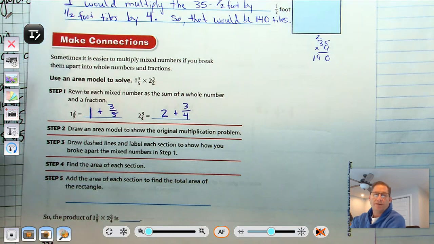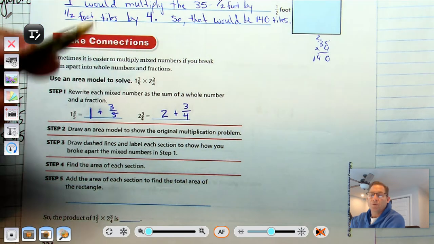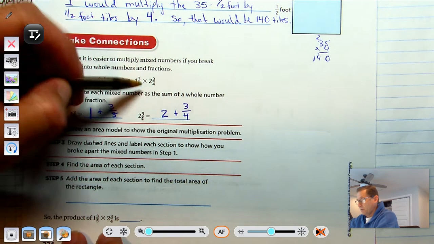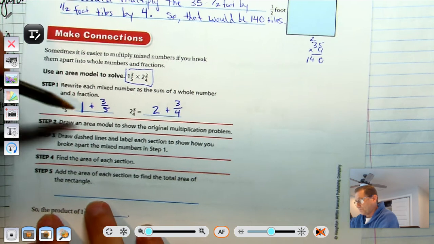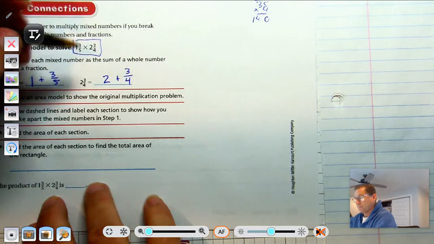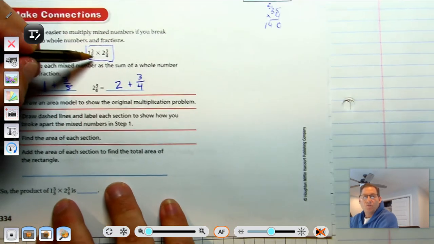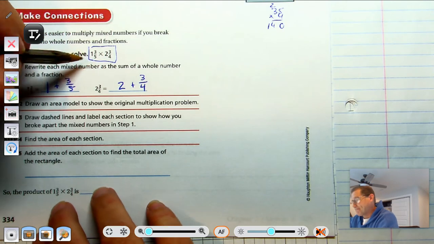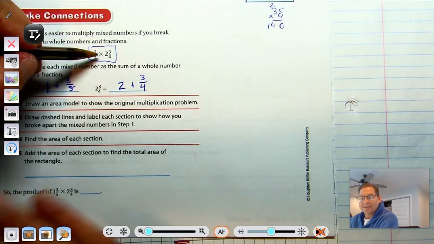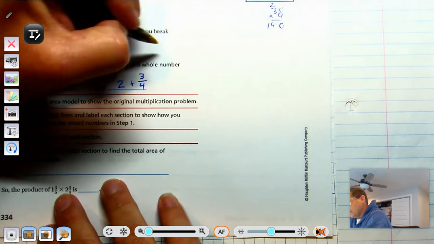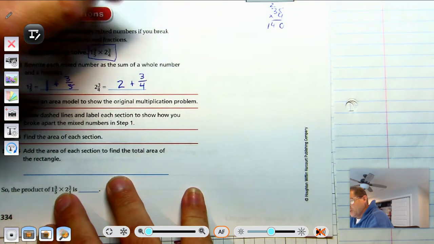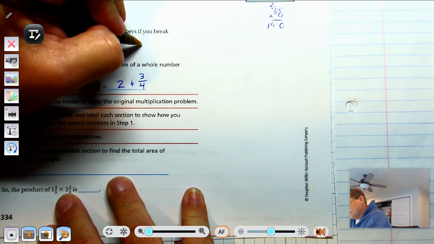So we can draw an area model to show the original multiplication problem, which is 1 3/5 by 2 3/4. Here, I want the fractional parts, the sides, to be the same. Fifths and fourths are a little complicated to think about, so I want to turn these into 20ths.